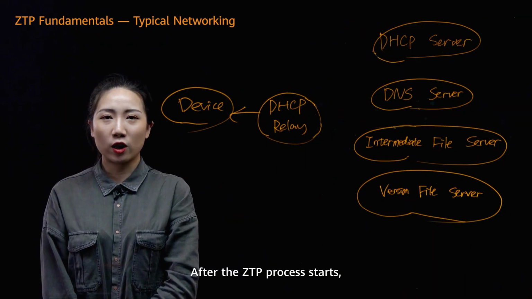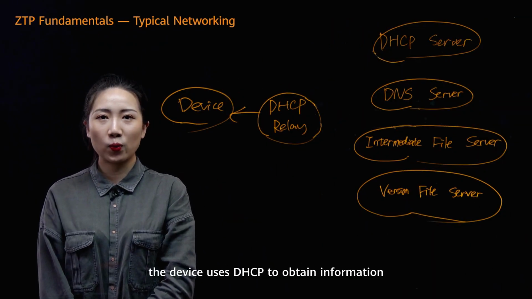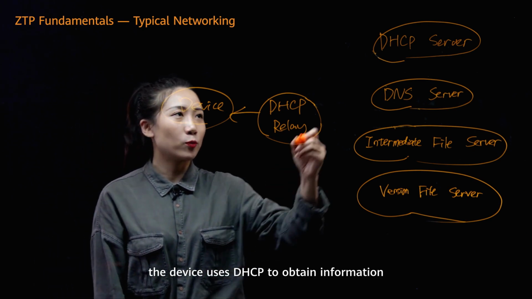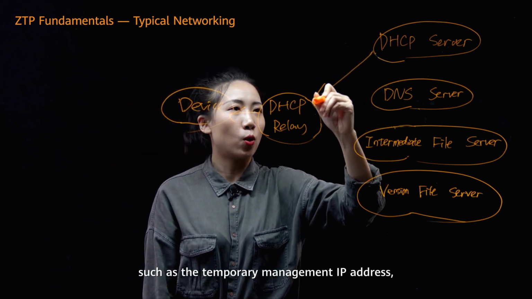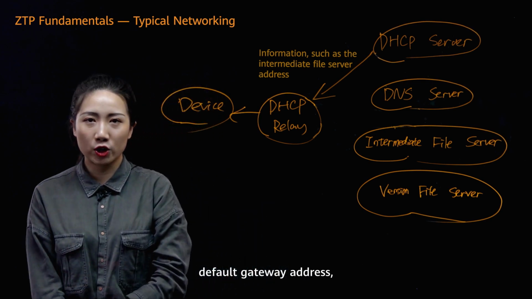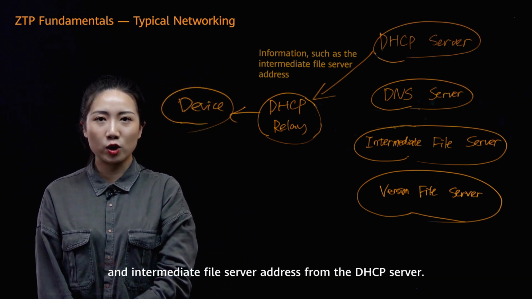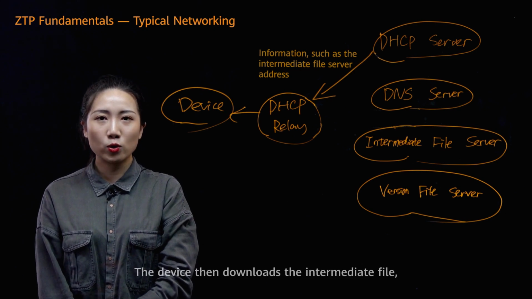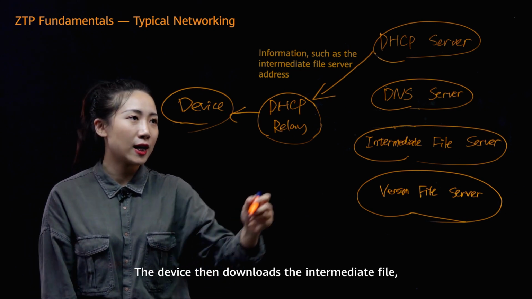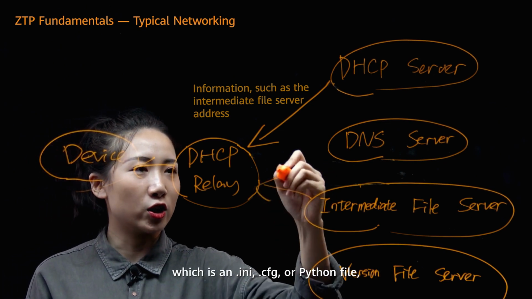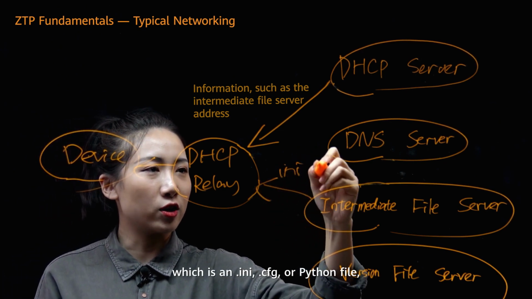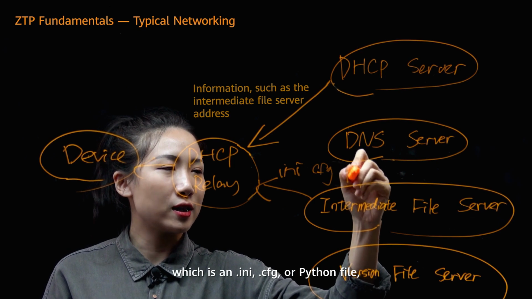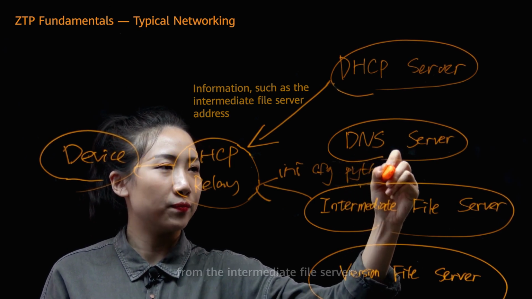After the ZTP process starts, the device uses DHCP to obtain information such as the temporary management IP address, default gateway address, and intermediate file server address from the DHCP server. The device then downloads the intermediate file, which is an ini.cfg or Python file, from the intermediate file server.